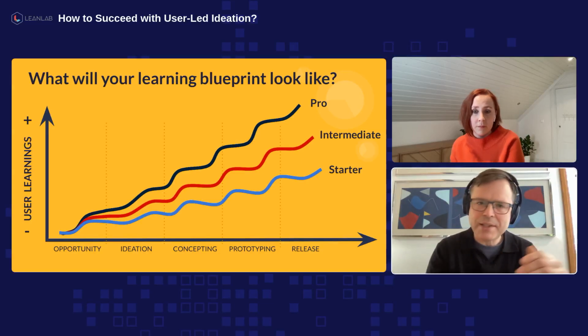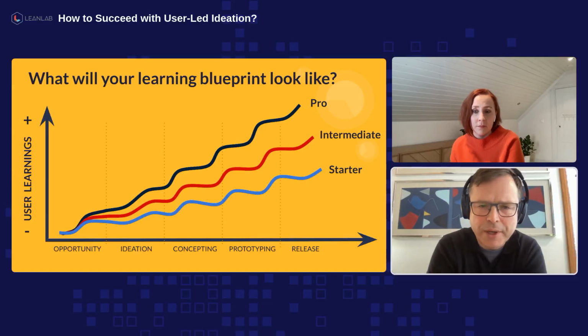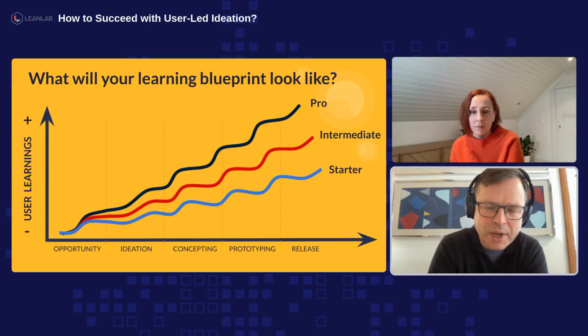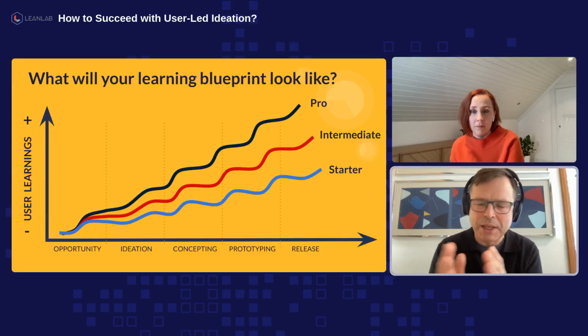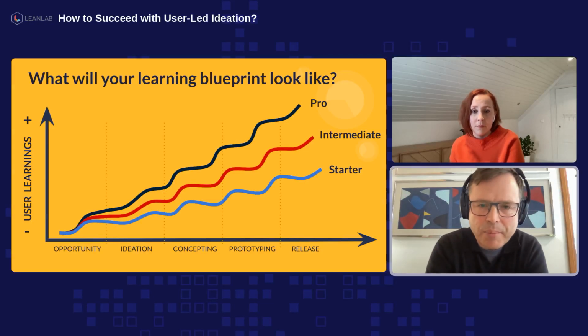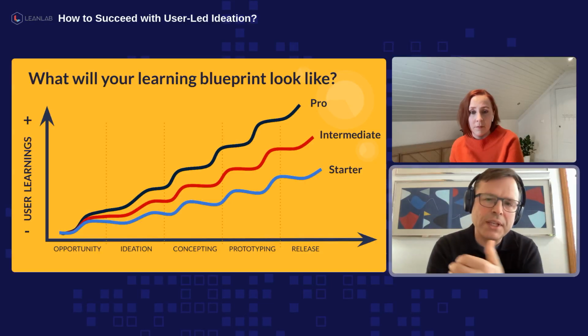Then if you're on the next level, so you're already working with users to some extent in your product development journey. Some companies are already really good at the prototyping phase and involving users at the later stages. But then, you might have gaps in the early stage of innovation. So start thinking about how you can bring your users earlier in the process. So not all the development that you come up with is based on internal thoughts and ideas.